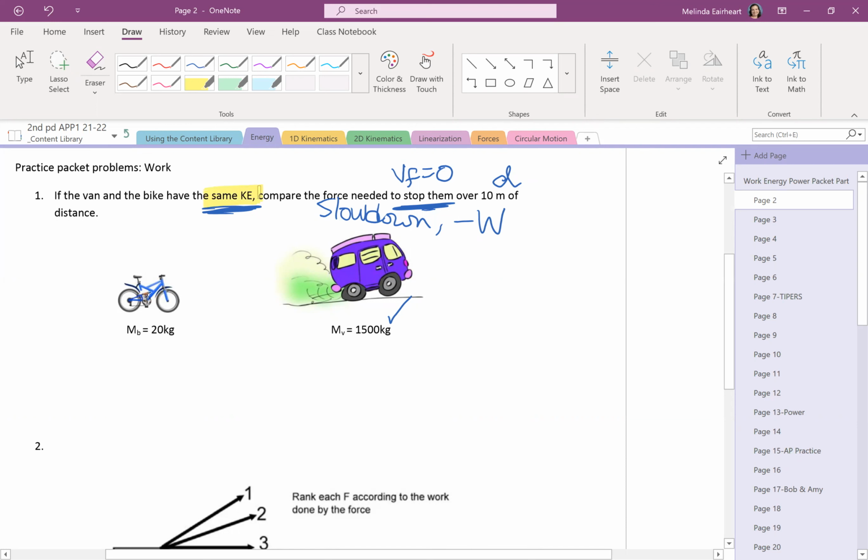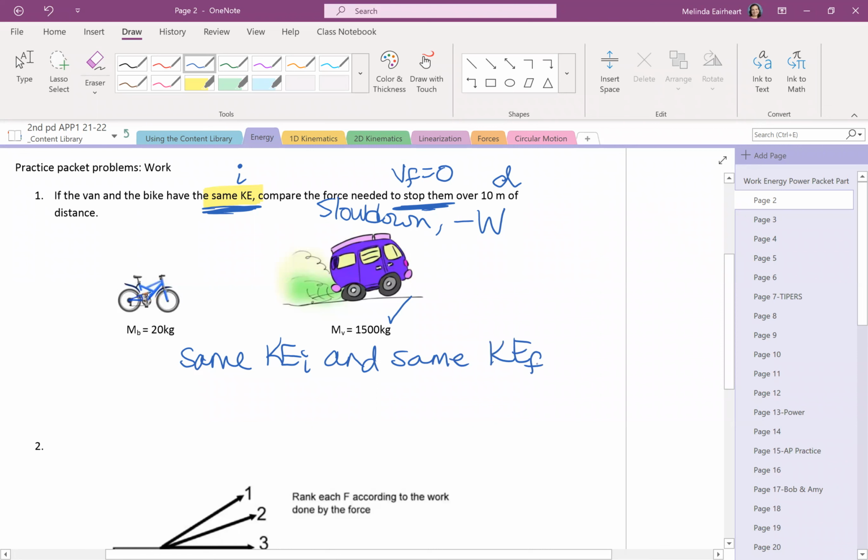same kinetic energy in the start. So they have the same initial kinetic energy. They both come to a stop, so they both have the same final. So same kinetic energy initial and the same final kinetic energy.